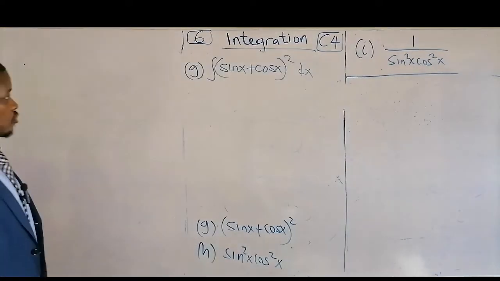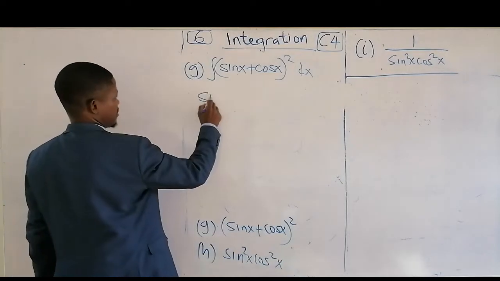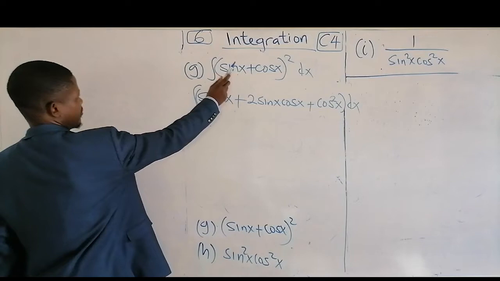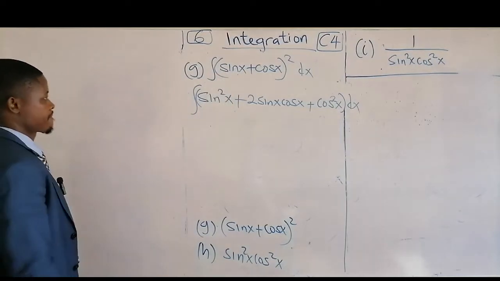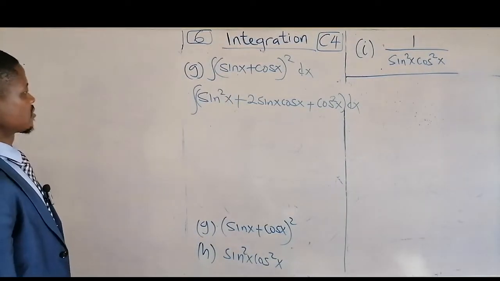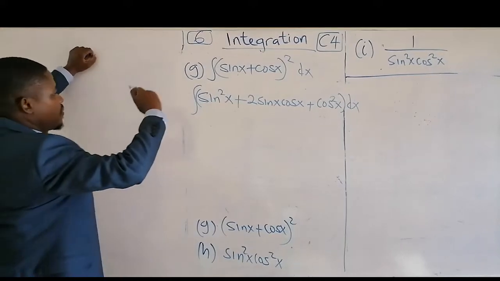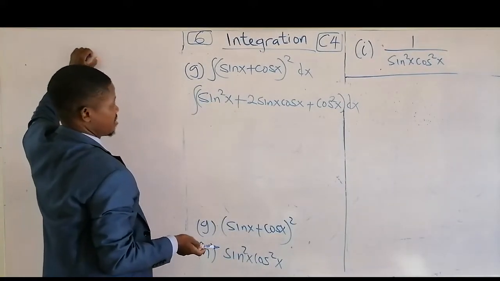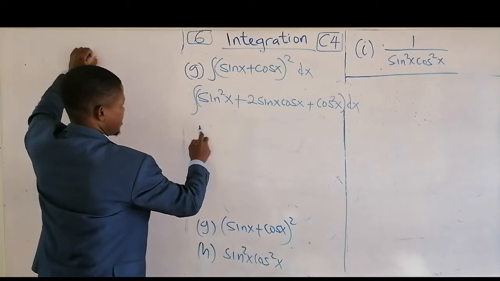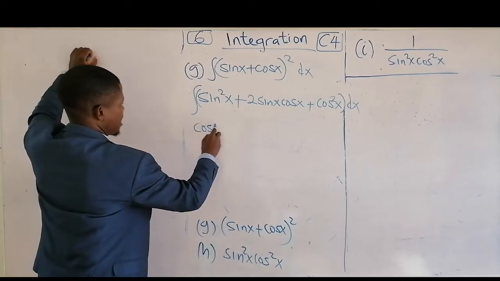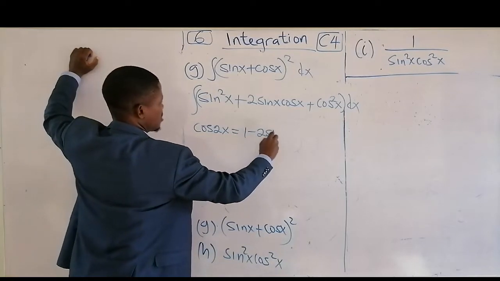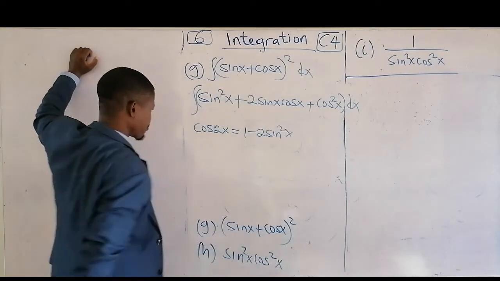For G, if you do the expansion, it's going to give you this. So that's what you will get if you do the expansion of this one. The only thing we need to do now is play with identities, and that's all. The first one here is we need to know that cos 2x is 1 minus 2 sine squared x.